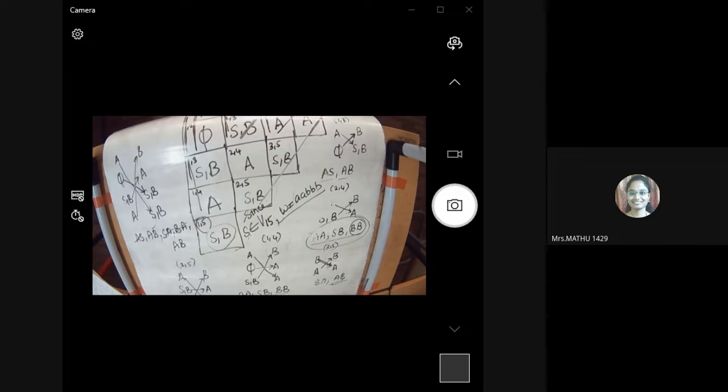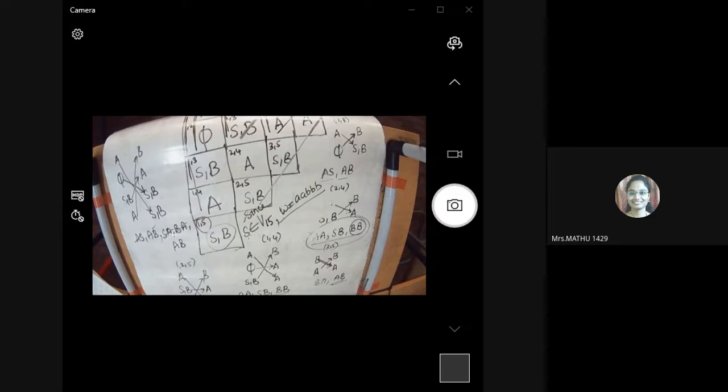And then you have to be thorough with ambiguity. We have studied about ambiguity. So be thorough with all the definitions for parsing, the derivation tree, leftmost derivation, and rightmost derivation. And ambiguity, I hope you remember what it is.